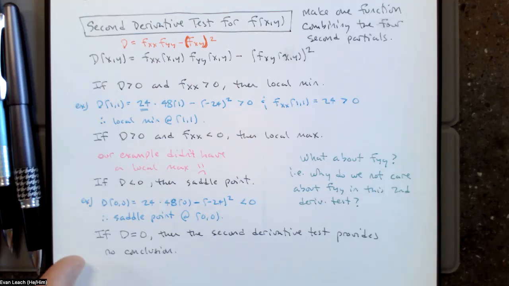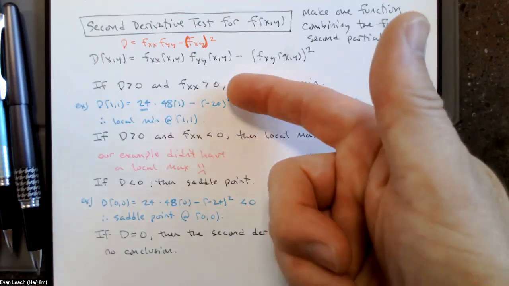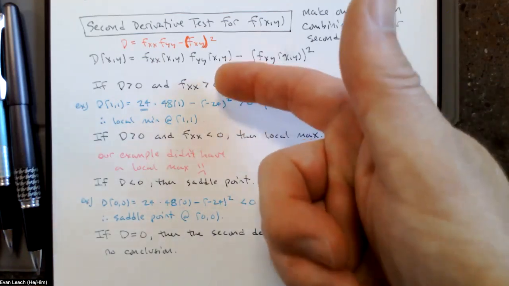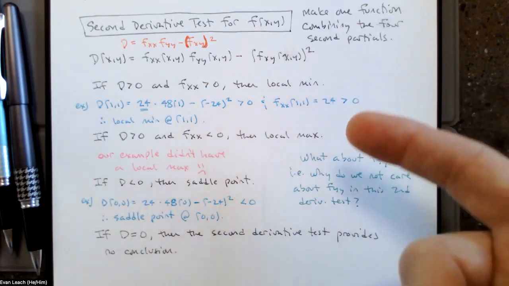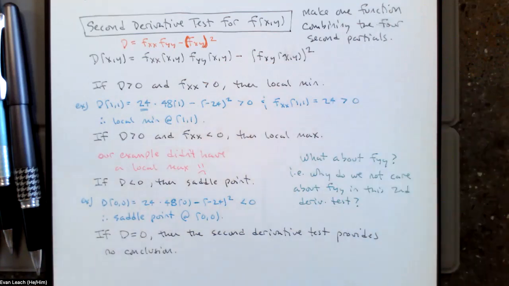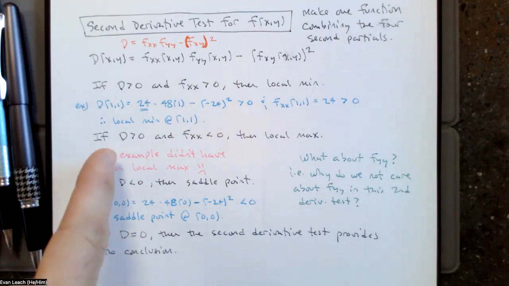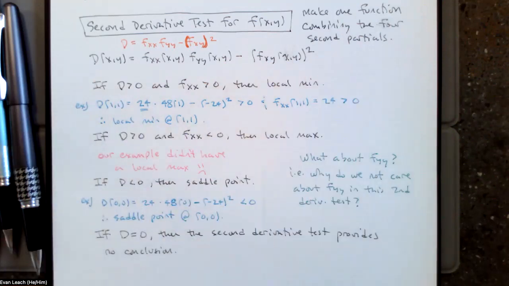So the 0 part, not providing a conclusion, is a classic second derivative test maneuver. This part where we look at fxx, whether it's positive or negative, and determine local minimum or local maximum, also seems like the old style. We look at the second derivative; if it's positive, local minimum. If it's negative, local maximum. But we only do that if the combined function d is positive.